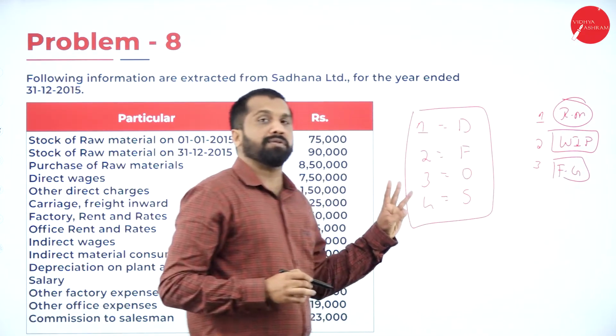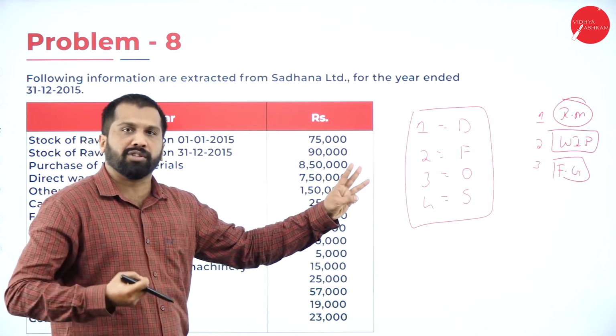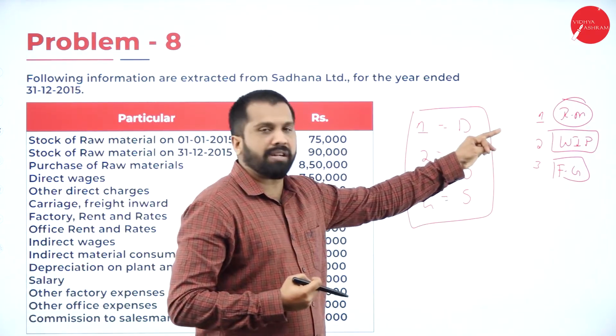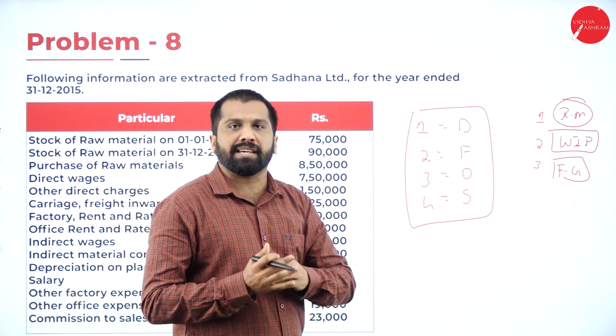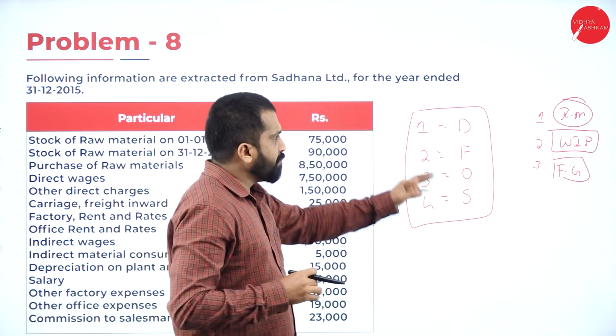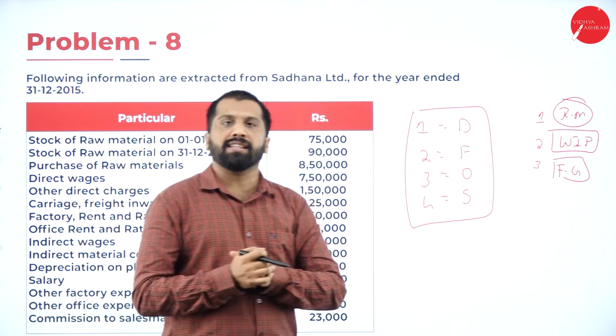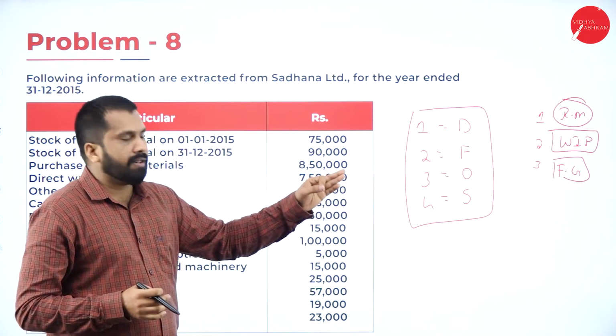Clear? There are three processes. First, you purchase raw leather, raw material. You do some basic work for your requirement, that is work in progress. Finally, you convert it into finished goods.